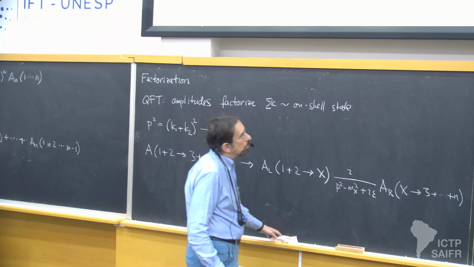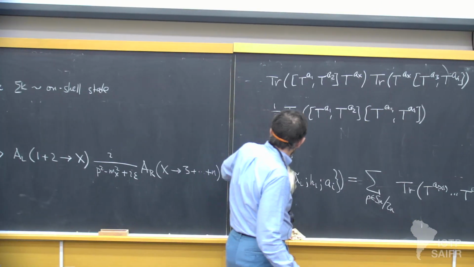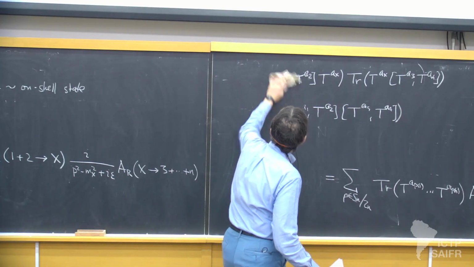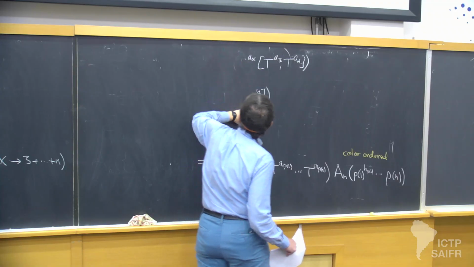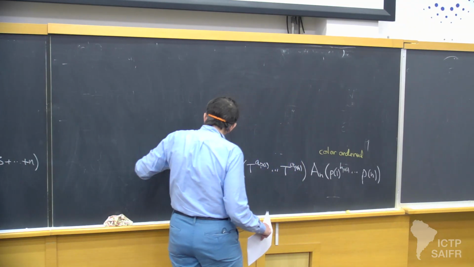Now, this is true beyond 2-particle states as well, even though we're not really used to the idea of scattering more than 2 particles to produce an intermediate state. If we were able to do that, the same ideas would hold.